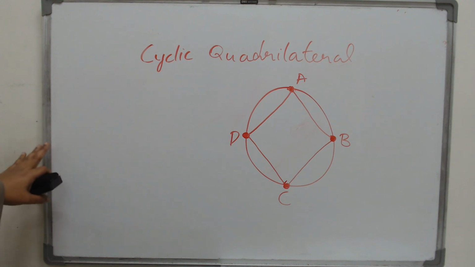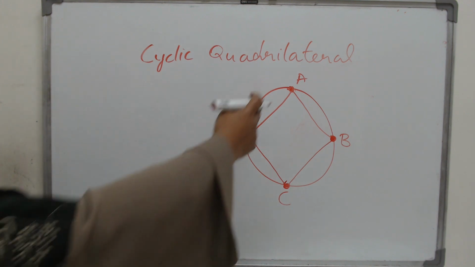Before we go on to our question answer session, let us see a very interesting, very important term, cyclic quadrilateral. What is a quadrilateral? It is any polygon which has 4 sides. Very simple, right? But if the vertices of the quadrilateral, what are the vertices here?